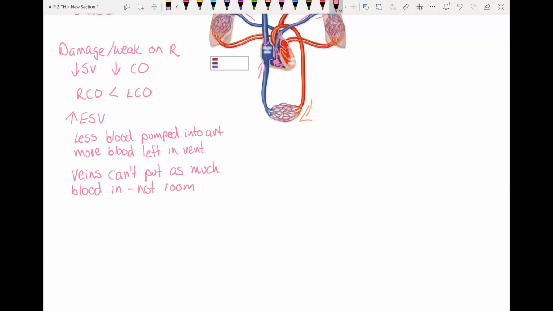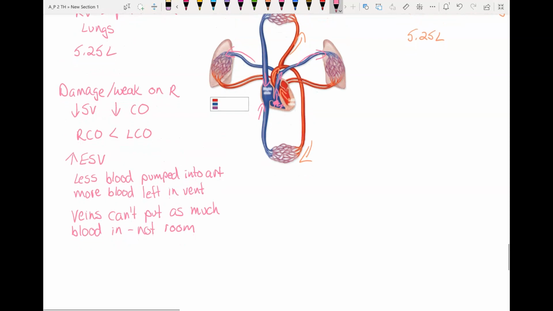If you're leaving more blood in the heart after it pumps, then there's not room for the veins to put very much in. So this means you get kind of a traffic jam. You have all this blood here in the veins waiting to get in.